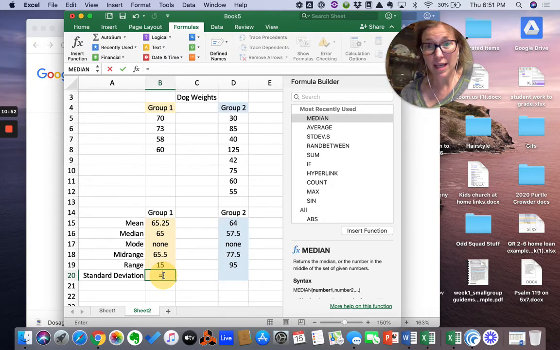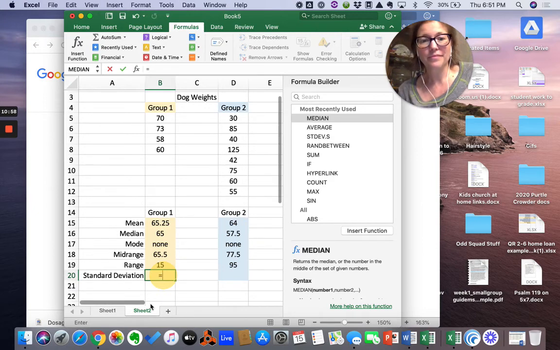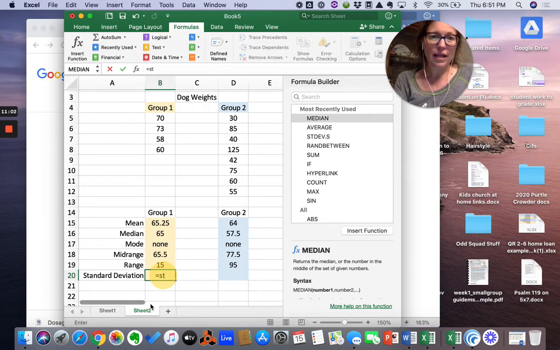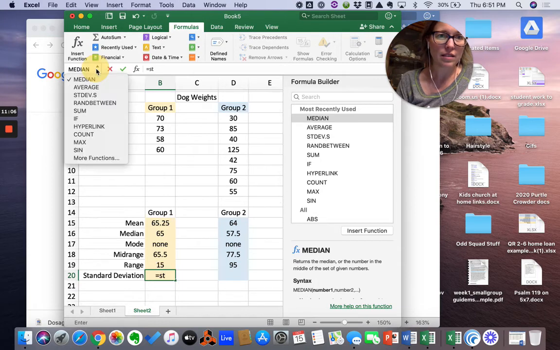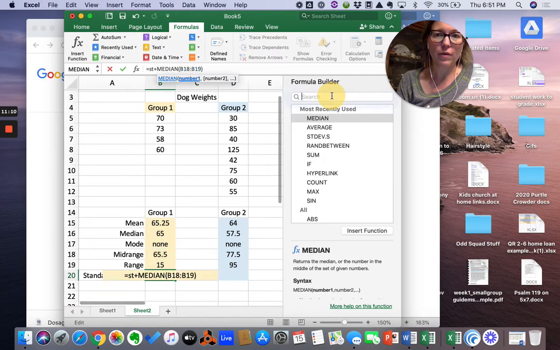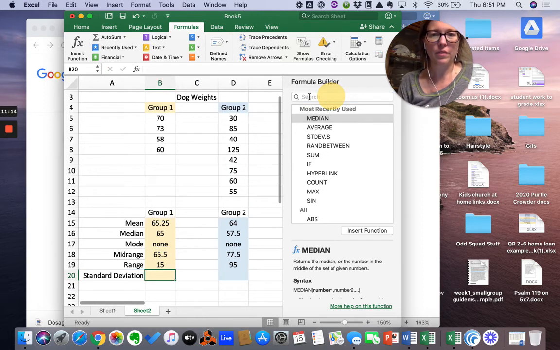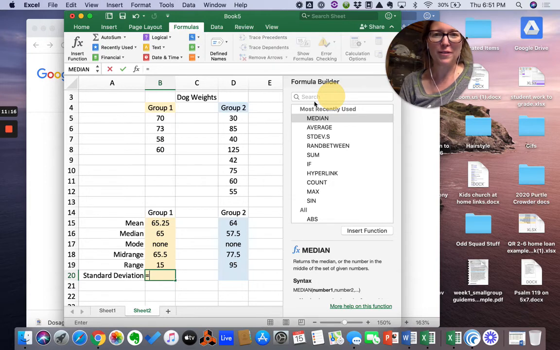We're going to use sample standard deviation, and that's it right there. So equals, I'm going to start spelling out ST. In fact, if I go here, if I wasn't sure what it was called, oh dear, got all kinds of things in there. Let's start over. Equals.